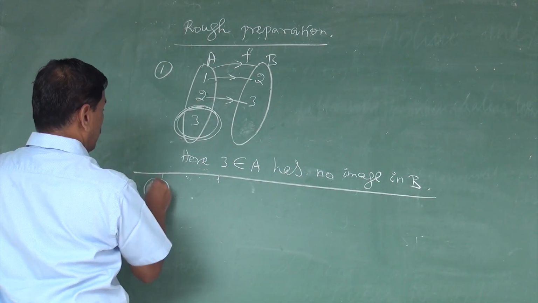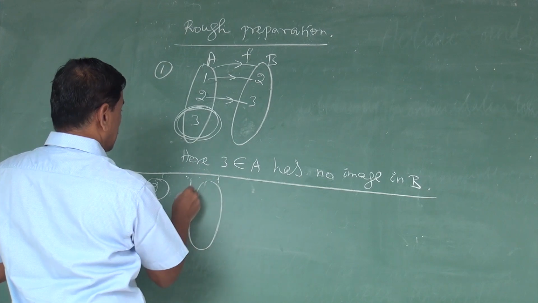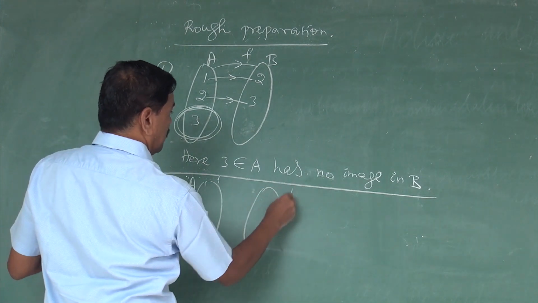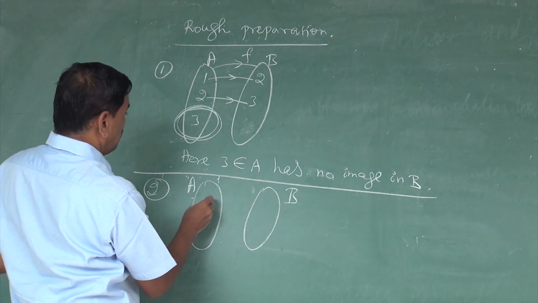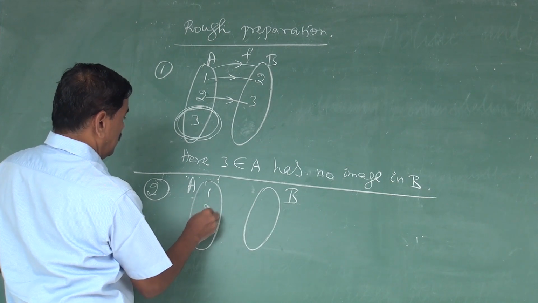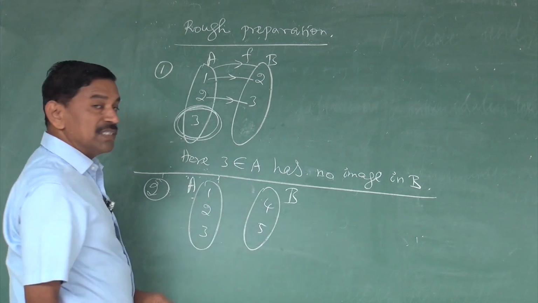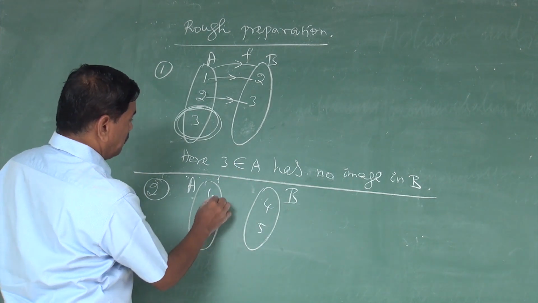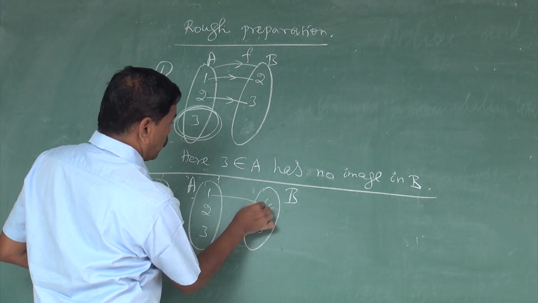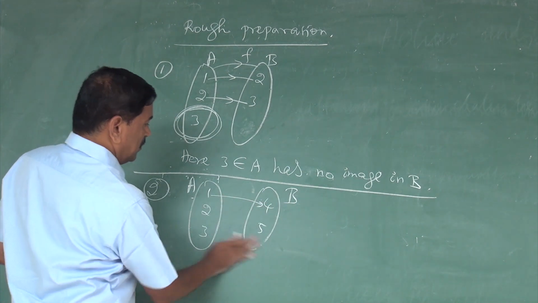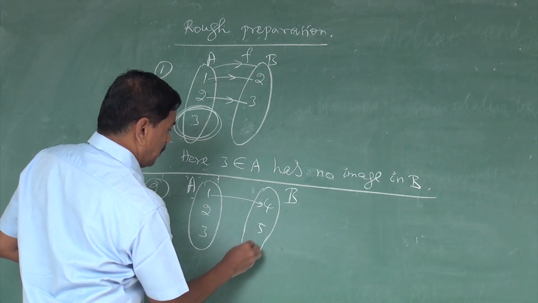Now listen, second one. Suppose A set and B set. Consider the elements 1, 2, 3 and 4, 5. Suppose, listen carefully, 1's image is 4, and let us consider one more element, suppose 6.